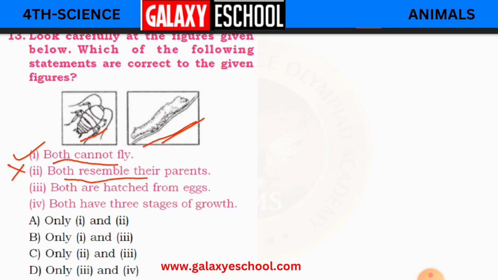And third one is both are hatched from eggs. So cockroach and the butterfly produce their young ones through what? Through eggs. Both the insects' eggs are hatched. So that is why the third one is again the correct statement.